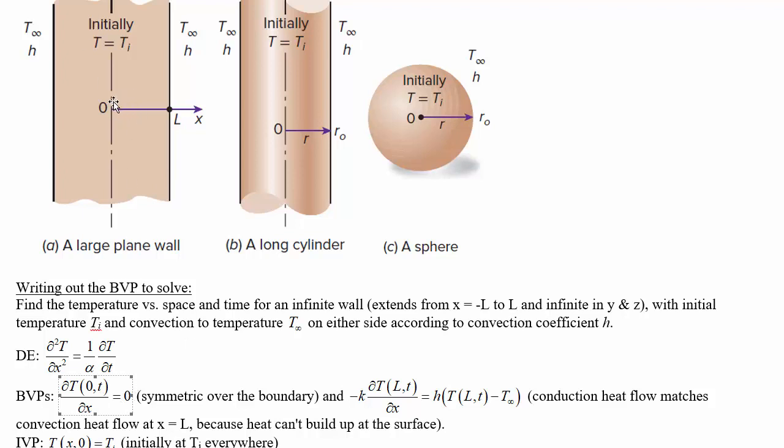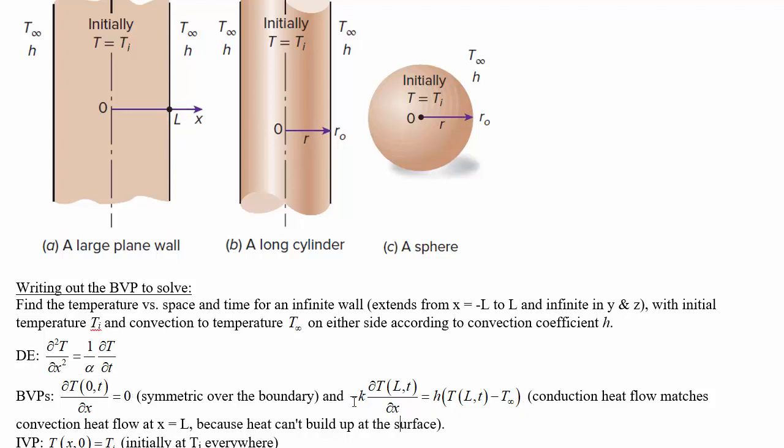Then we've got that at the edge, we have conduction heat flow matching convection heat flow. So the heat can't build up at any infinitesimal point either.